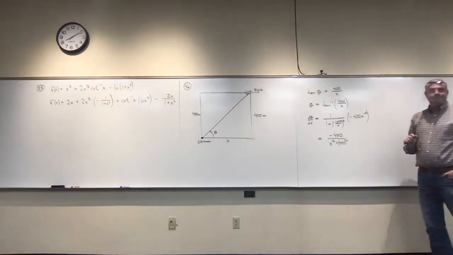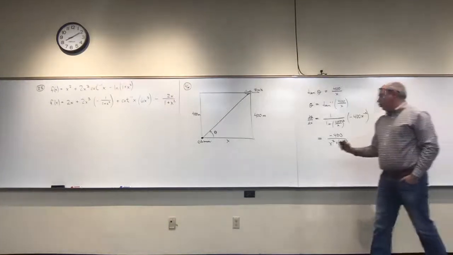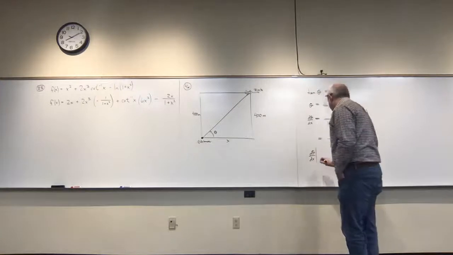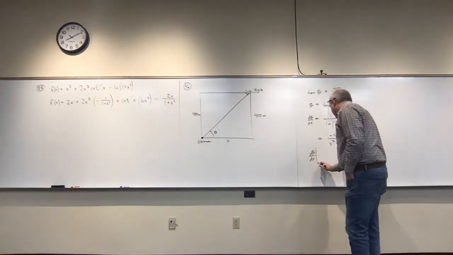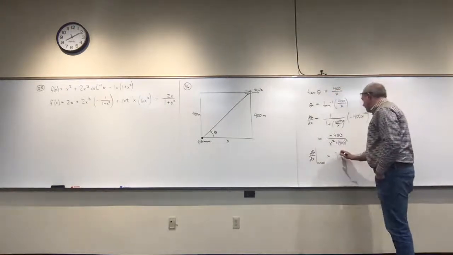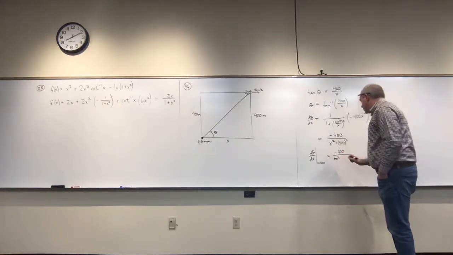Everybody buy that? Okay, so now I just need to enter what is this d theta dx if we evaluate it at x equal to 500. So if I plug in 500 for x, I get minus 400 divided by 500 squared plus 400 squared.